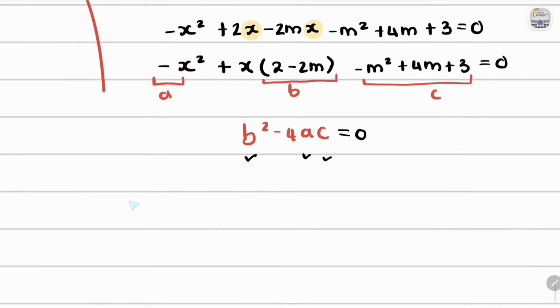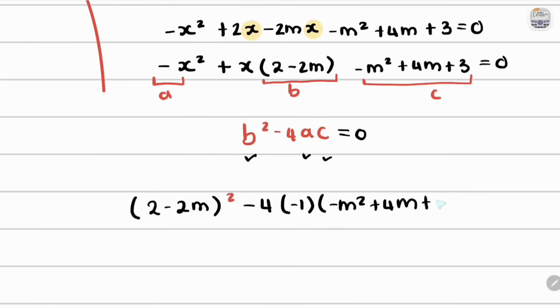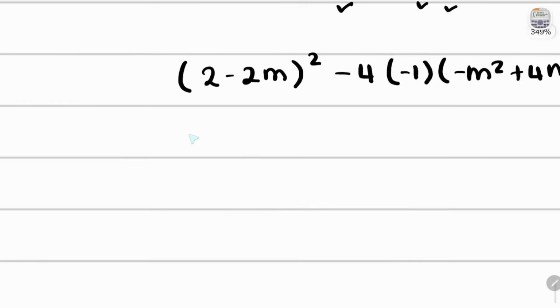So this is where b squared, which is 2 minus 2m, so 2 minus 2m, all squared should be, and then minus 4a, which is negative 1, and then c, which is negative m squared plus 4m plus 3 is equal to 0. And now we can simplify this. So this is going to be 2 all squared, which is 4, negative 2m all squared, which is positive 4m squared.